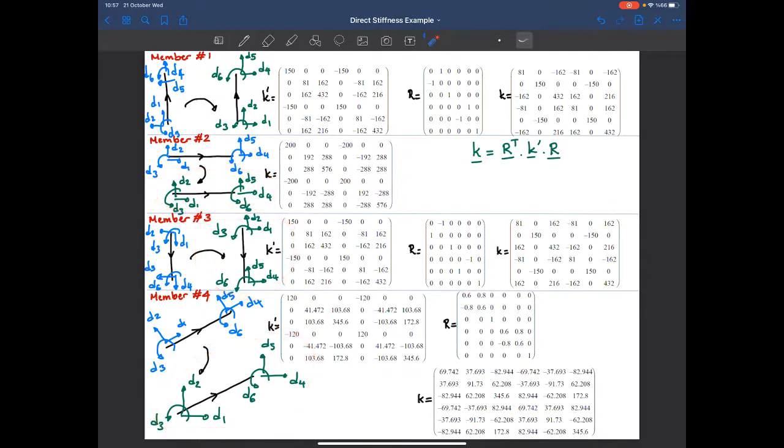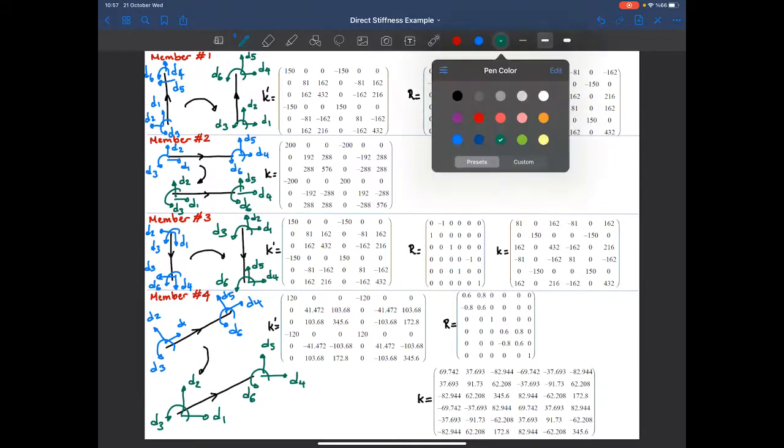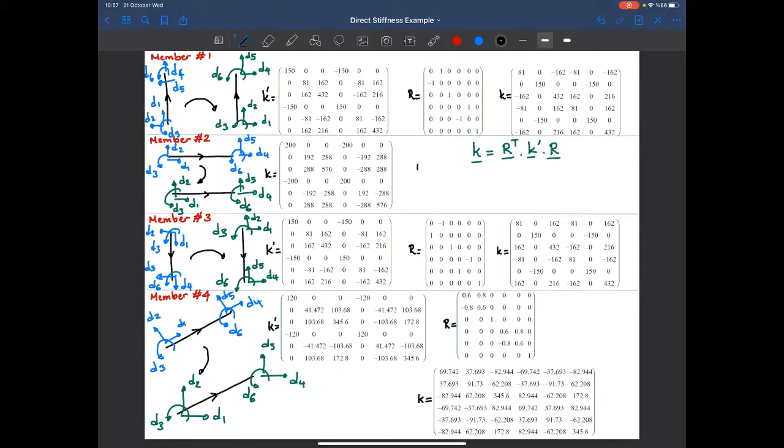Okay? So let me draw one more time our structure in here. Right? This is our structure. That's the first member, second, third, and the fourth member.